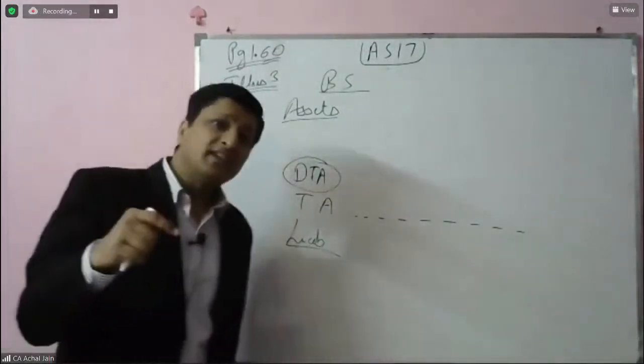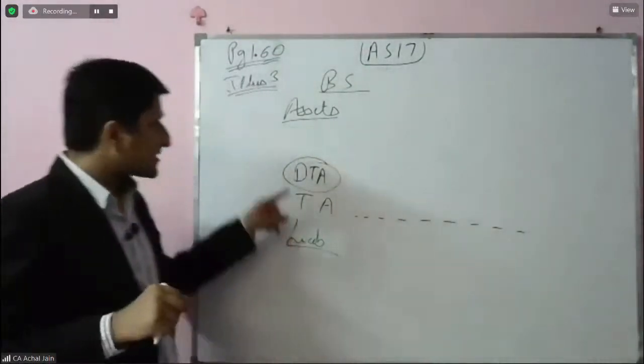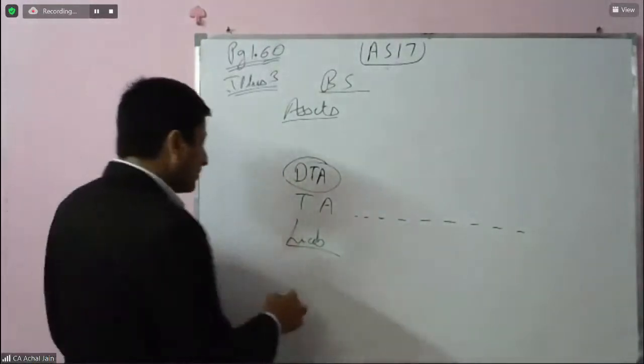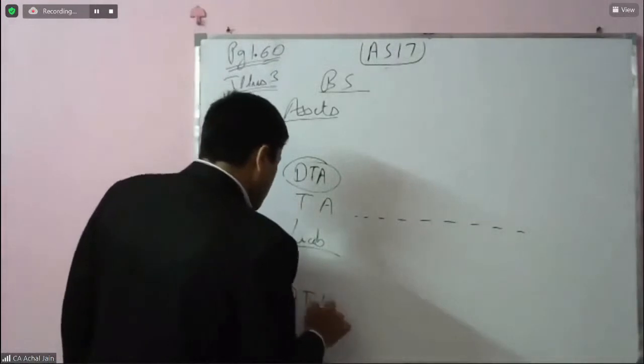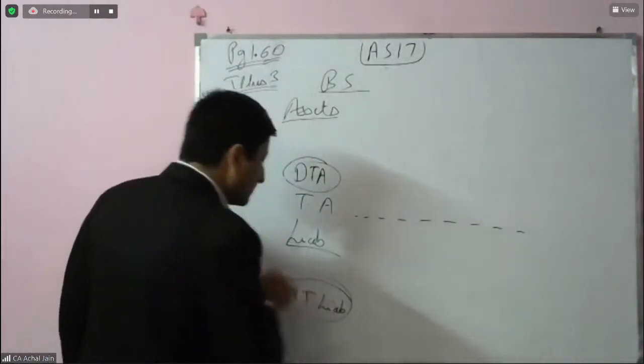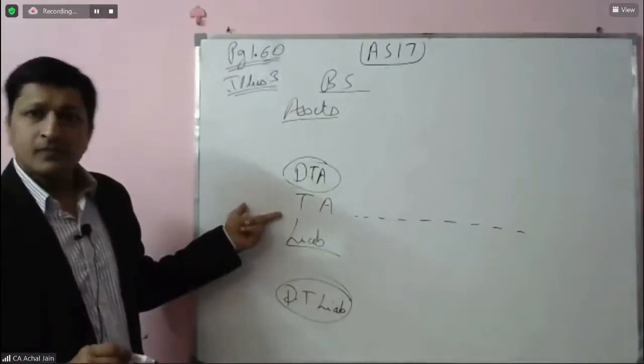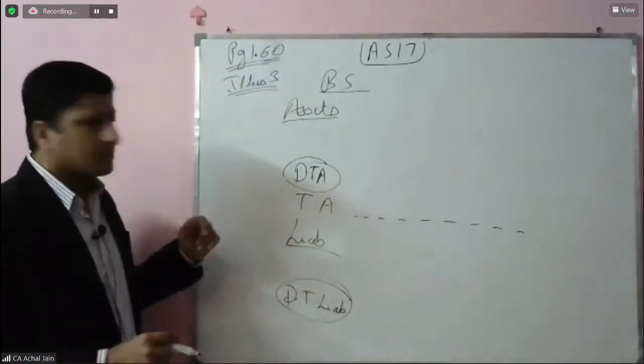Only if the net number of deferred tax is an asset will it get added to the total assets. If the net amount of deferred tax happens to be a liability, will it get added to the total assets? No. Understood? Now clear on this?